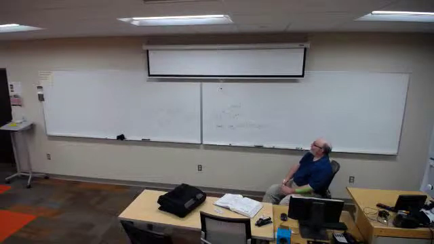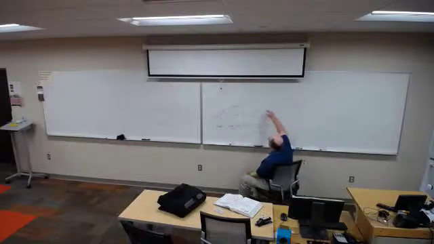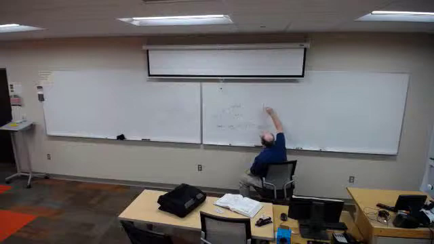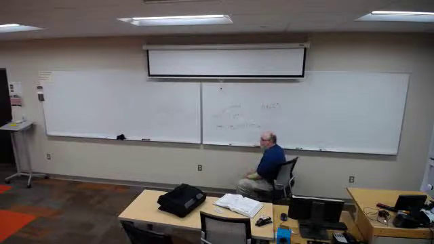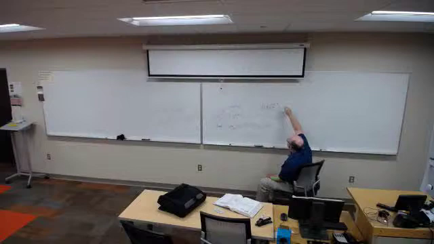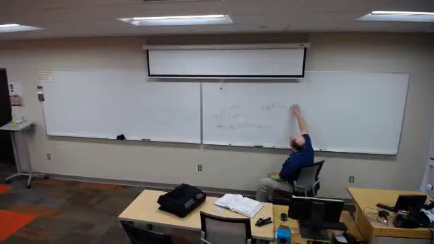So, let's do this. If I have the logarithm, and we'll just use logarithm base 10 of 2 to the 13th power, that's 13 times the logarithm base 10 of 2. So this would be 13 multiplied by the logarithm base 10 of 2.